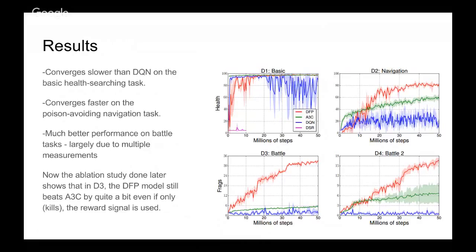DQN starts off well, and then I guess it's just unstable. After 20 million steps, it's very close to the optimum, and then it goes back. But I don't think we should consider that. I think it's an instability thing, so your learning rate or whatever might be off at that point.